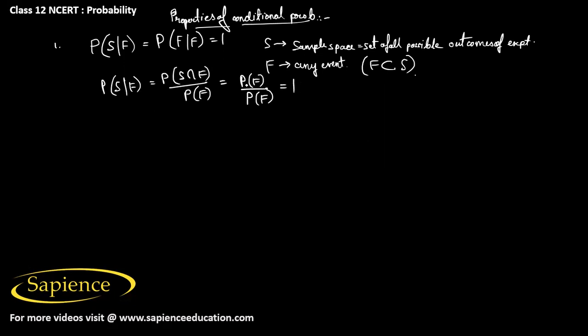The probability of F given F can also be written as the probability of F intersection F divided by the probability of F. The probability of F intersection F is nothing but P of F, divided by the probability of F, which is also equal to 1. Hence, these two are equal, which is equal to 1.